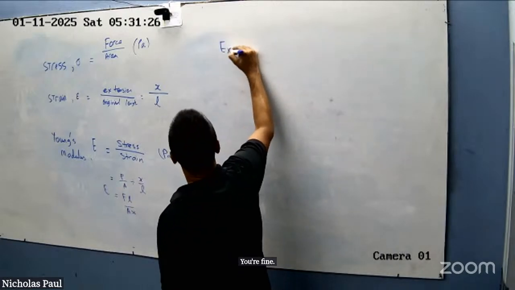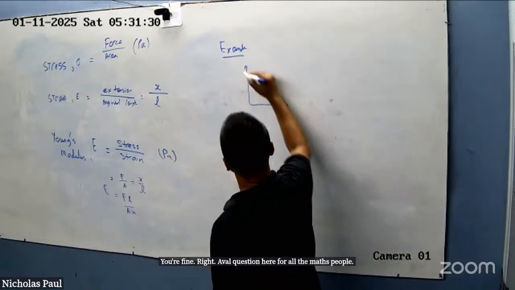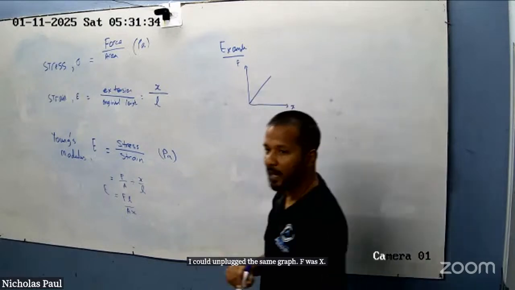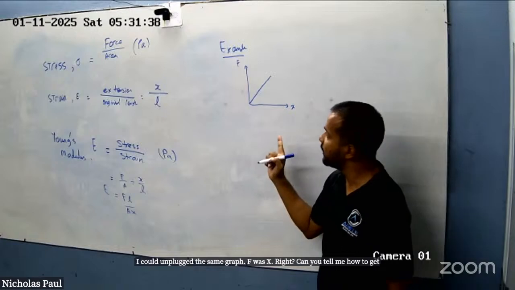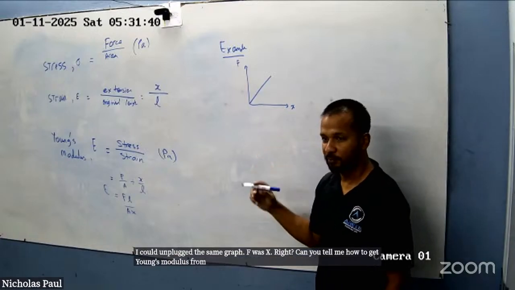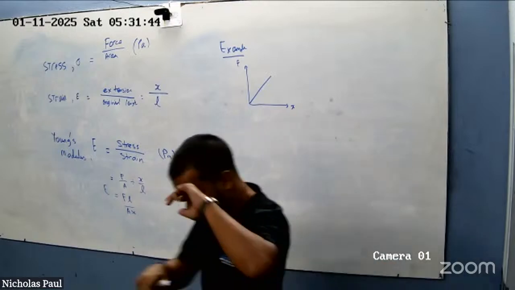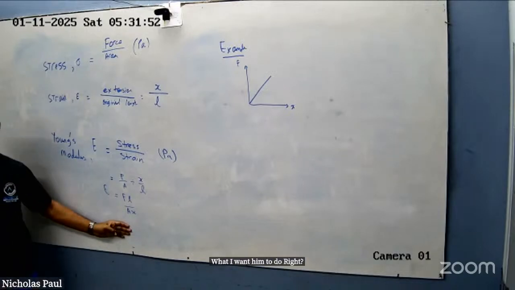Right, I have a little question here for all the maths people. I'm going to plot the same graph, F versus X. Can you tell me how to get Young's modulus from this graph? Use this relationship here.